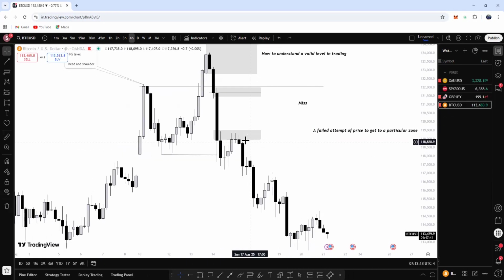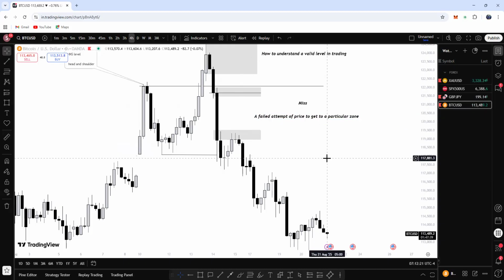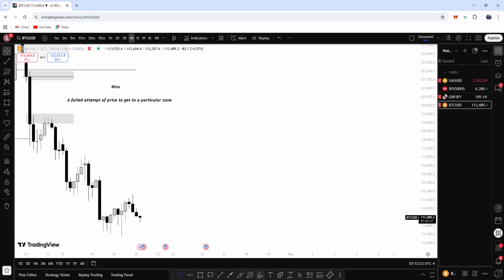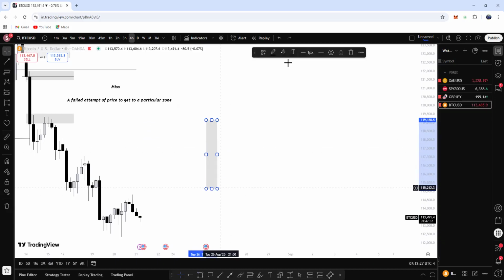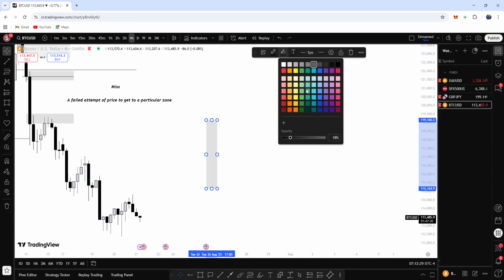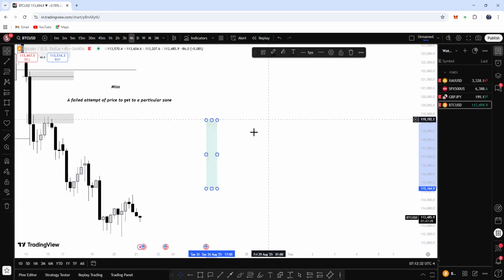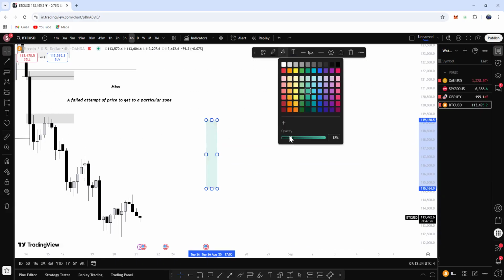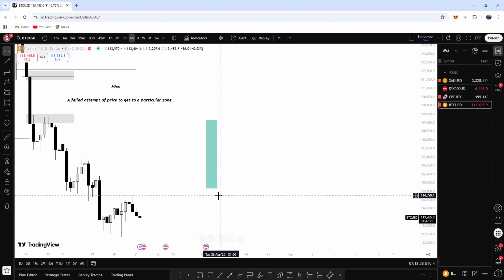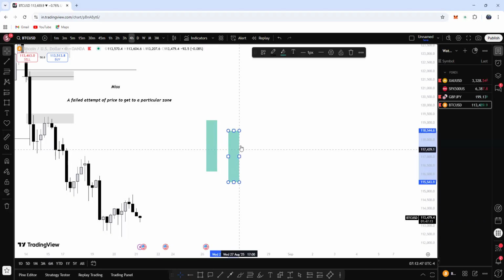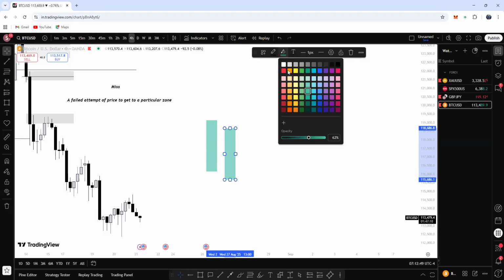So let's look at this now. Example. Let me change this color.